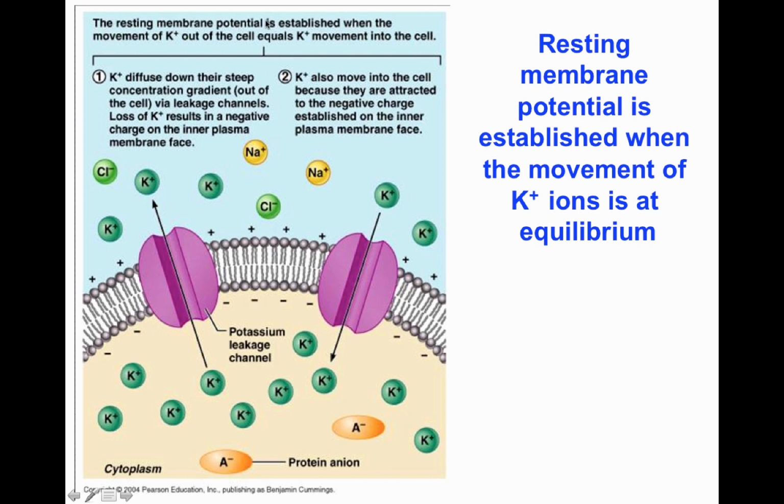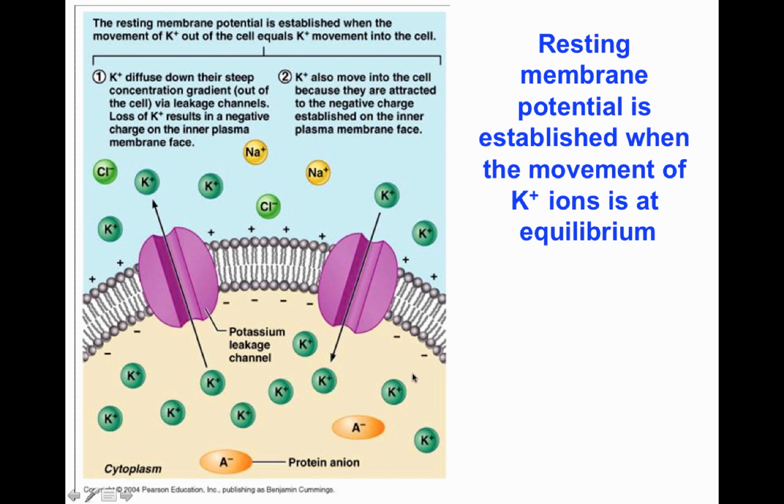So the resting membrane potential is established when the movement of potassium ions out of the cell equals the movement of potassium ions into the cell. We have two forces driving that movement. The first force is the potassium diffusion down its concentration gradient out of the cell via the leaky channels. So the loss of potassium results in a negative charge on the inner side of the plasma membrane.